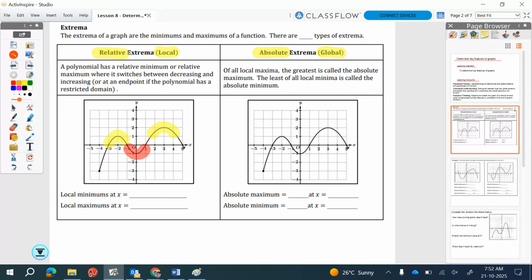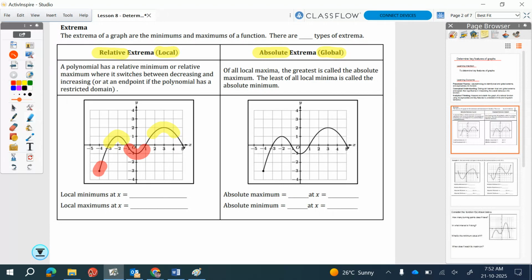However, we have one more local minimum. Listen to this bit, because this is where it gets a little tricky. This is where the graph, in one interval, reaches its lowest point. So we can see that the graph reaches its lowest point here as well. Here we have a restricted domain.